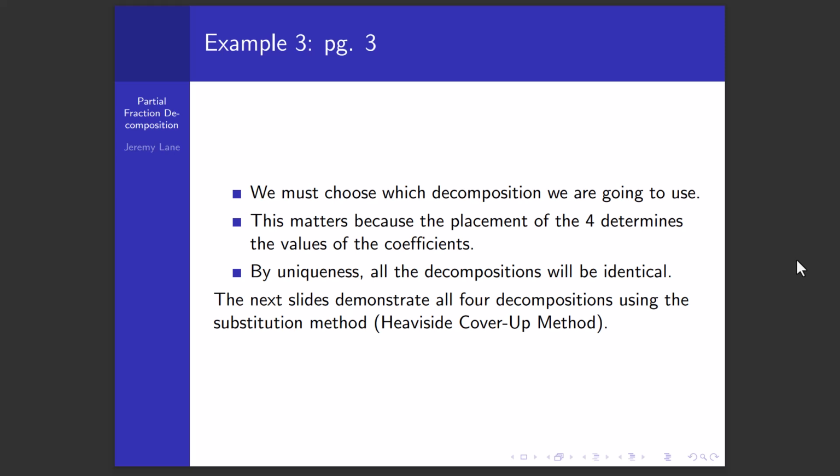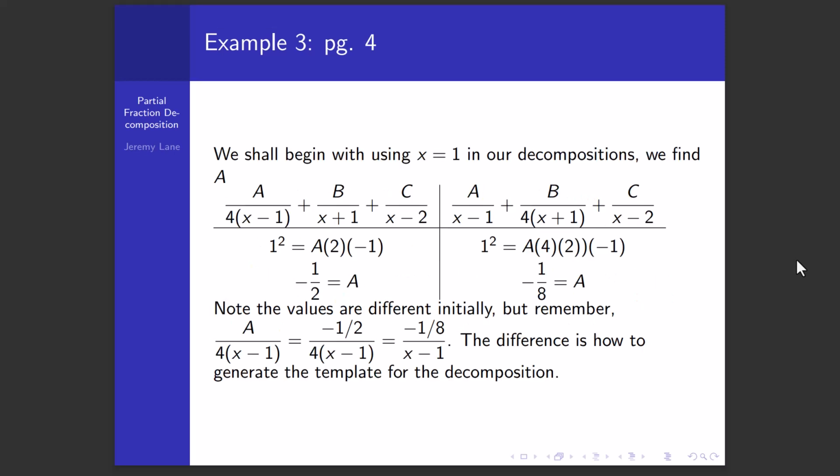So the next slides are going to demonstrate all 4 decompositions using the substitution method, sometimes referred to as the Heaviside cover-up method. When we start with using x equal 1 in our decompositions, we're going to go ahead and find a. Now on the left side of this, we have 4 in the denominator of the a fraction, where on the right, we have 4 in the denominator of the b fraction.